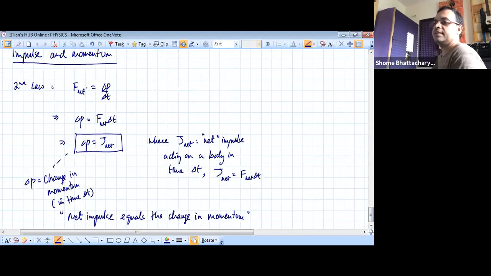If we just cross multiply the delta t, you can say that the net impulse, or net force multiplied by time delta t, is the change in momentum during that time.